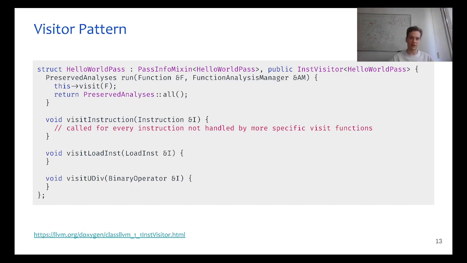Which means that should your function contain either a load instruction or this division, then those functions will be called. For every other instruction, which is not a load and not a division, you have this generic visit instruction function. Now, this is a very clean way of iterating over instructions and filtering at the same time.